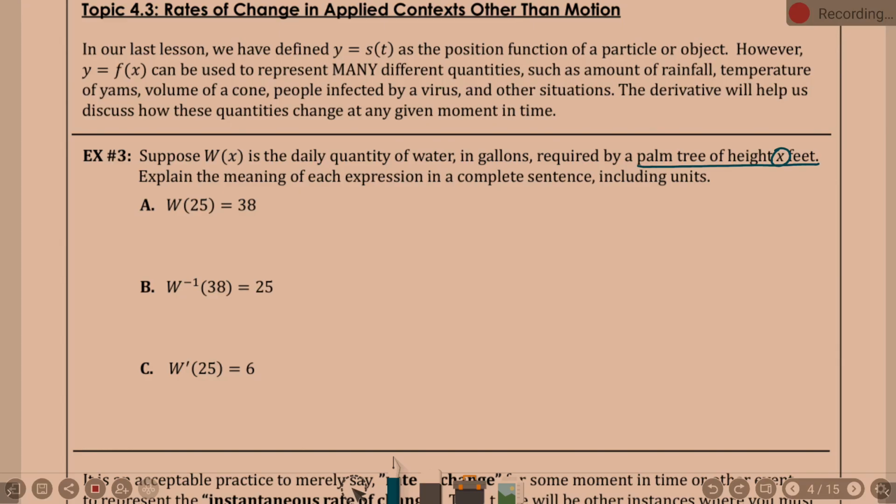Well, W of x here is the daily quantity of water in gallons. So when you put x in, this 25 here is the x you're putting in, and x is the palm tree height. So it's saying that a 25-foot tree, and then W of x equals 38 gallons of water. So a 25-foot tall palm tree requires 38 gallons per day.